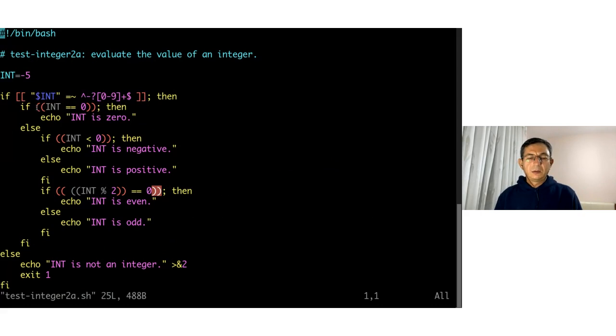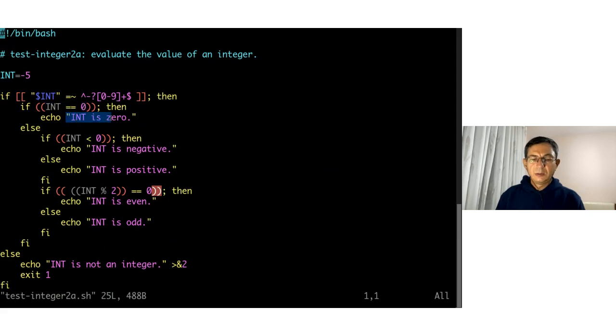And then here we are doing the test of the value of integer using this arithmetic expression construct. And inside the arithmetic expression construct, we can use the name of the variable without the $ sign, and it will be replaced by the value of the variable. So we are checking whether integer is equal to 0.